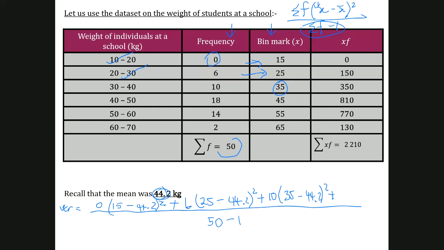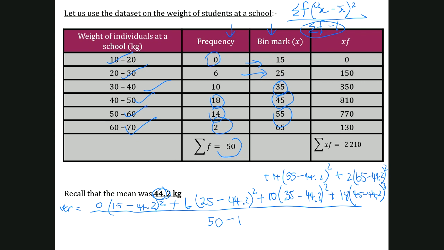The frequency is 10, the midpoint is 35, minus 44.2 squared, plus the next. The frequency is 18, the midpoint is 45, minus 44.2 squared. The next frequency is 14, the midpoint is 55, minus 44.2 squared. And the last one, the frequency is 2 multiplied by 65, the midpoint, minus the mean of 44.2 squared. So now you've taken care of every value here.